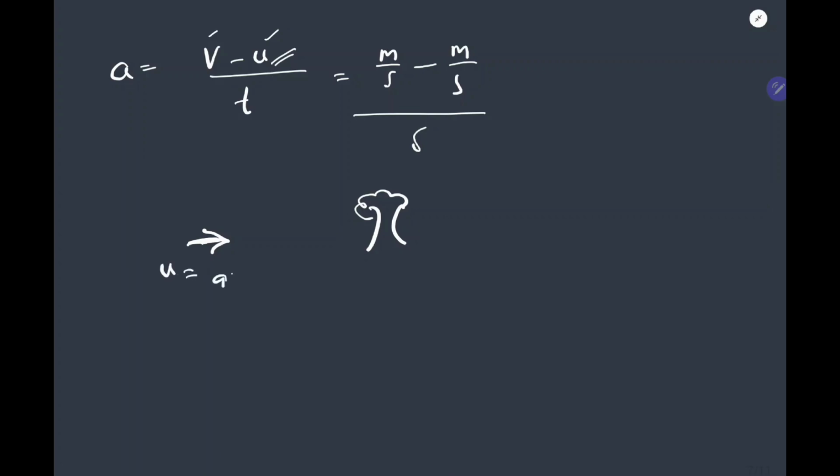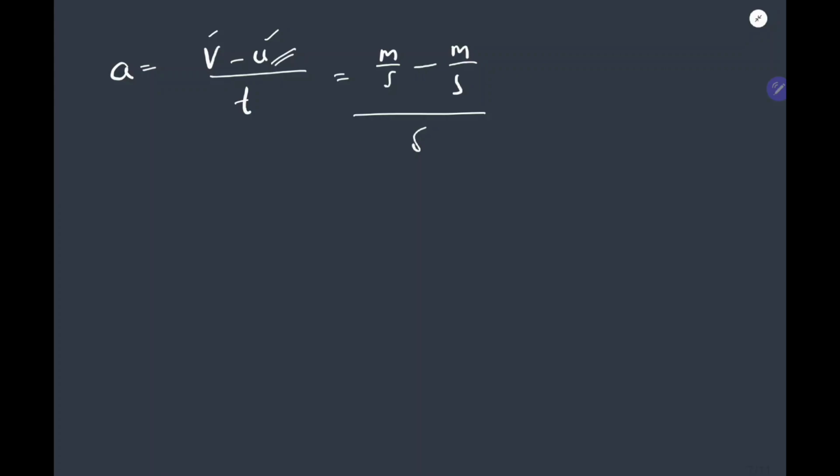Some 90 kilometers per hour or 110 kilometers per hour, depending upon the bullet speed and the gun quality. And what is the final velocity, v? Zero. Whenever it meets the tree, it just stops. This is the final velocity, this is the initial velocity, this is the difference.